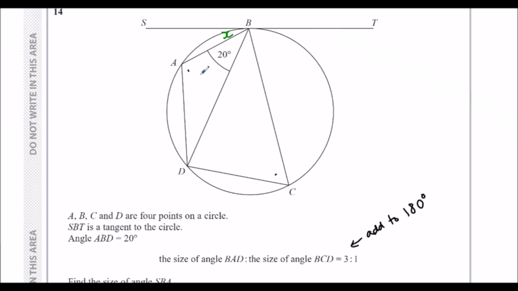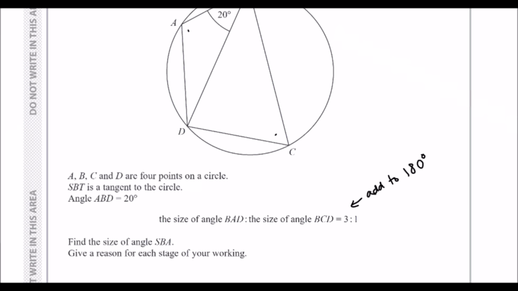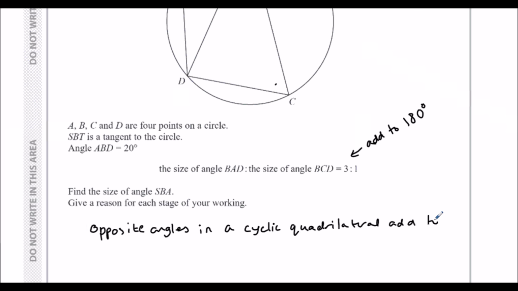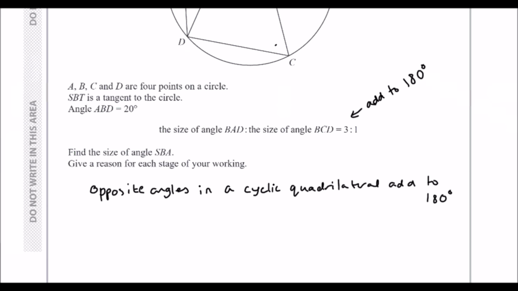So let's start by finding these two angles. We have, so opposite angles in a cyclic quadrilateral add to 180 degrees. So we've got the ratio 3 to 1, so that's 4 parts.